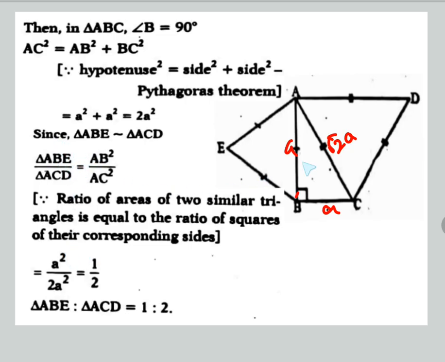AB square is A square and AC square is root 2 A square, that is 2A square, so that equal to 1 by 2. Therefore, the area of ABE and ACD ratio is 1:2.